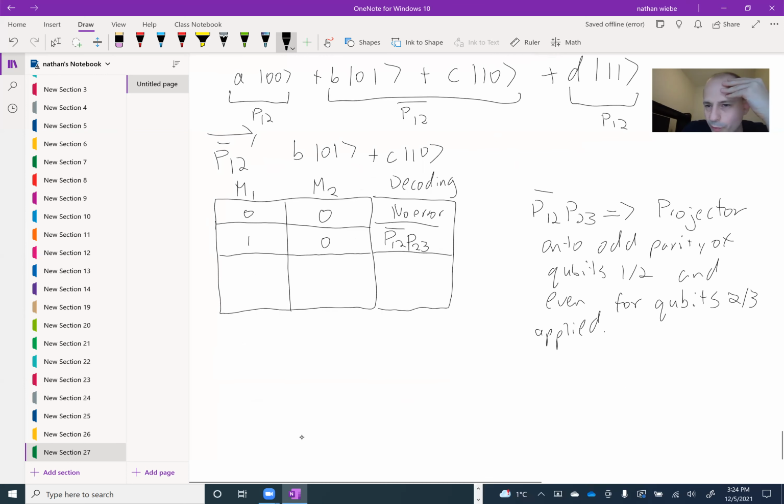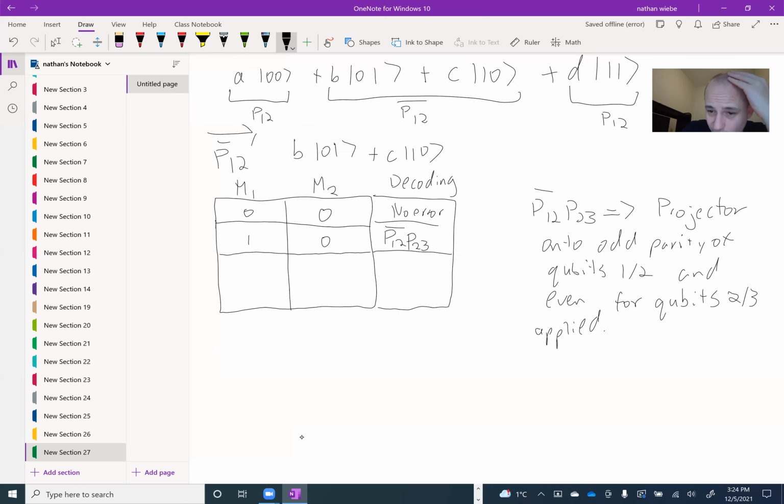And when we go through and actually do the multiplication like we did before, we'll end up seeing that this case of odd parity for the first two qubits and even parity for the rest of them corresponds to the following. We end up getting |100><100| plus |011><011| as being our projector.